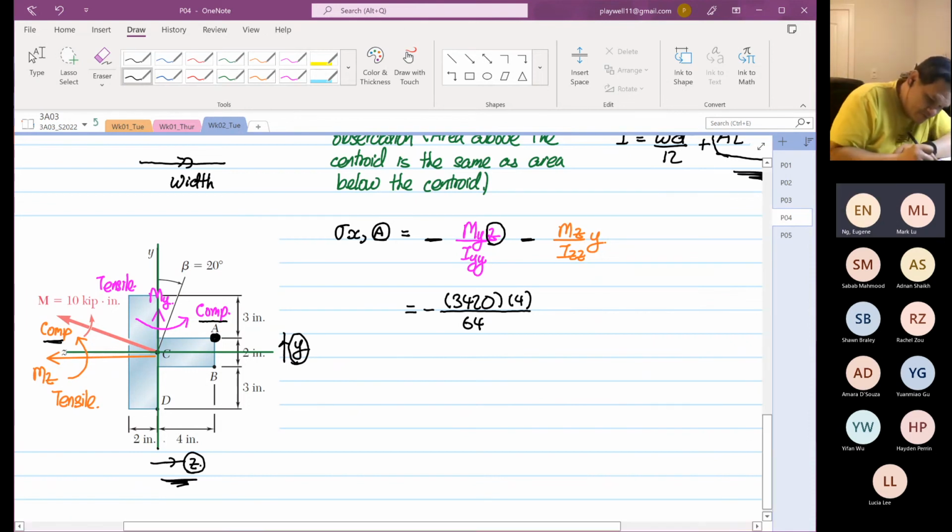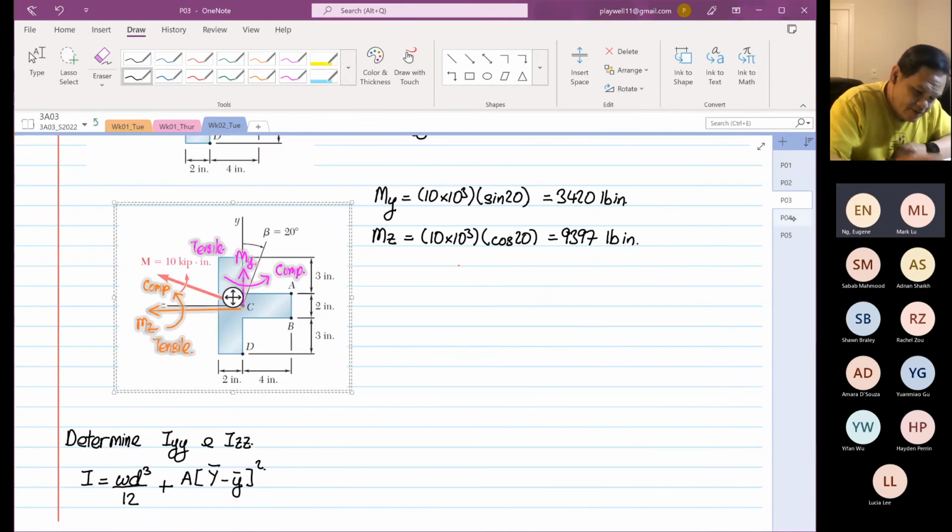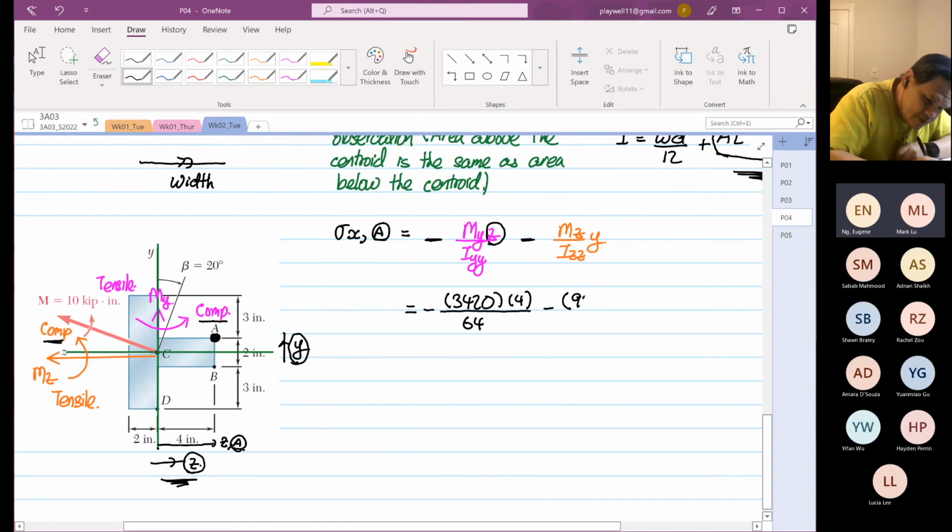So how this reminds me is z is on the horizontal axis relative to the centroid. Let me be more specific. This is our z for point A. Then we minus Mz, 9397, and the y is equal to 1, the Izz is equal to 88.